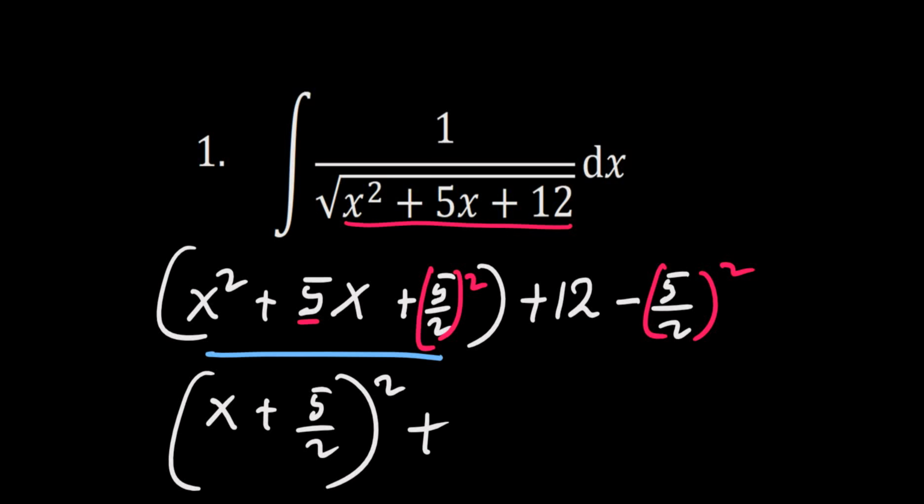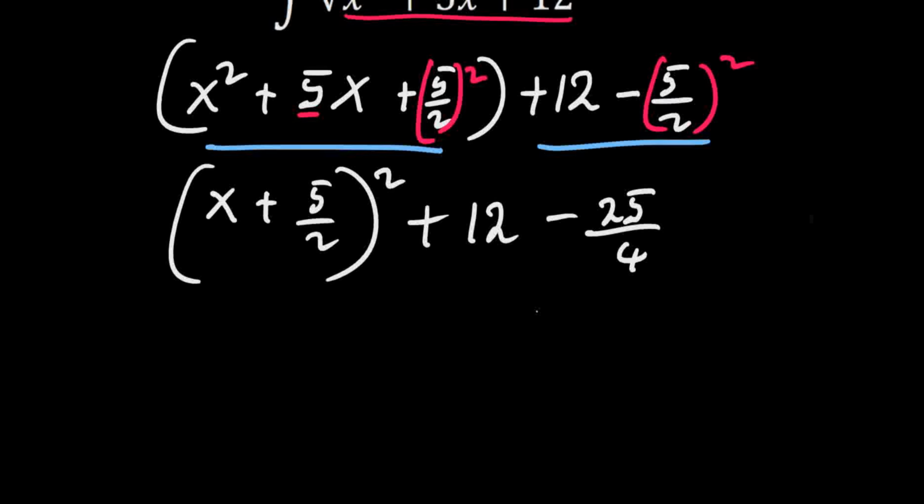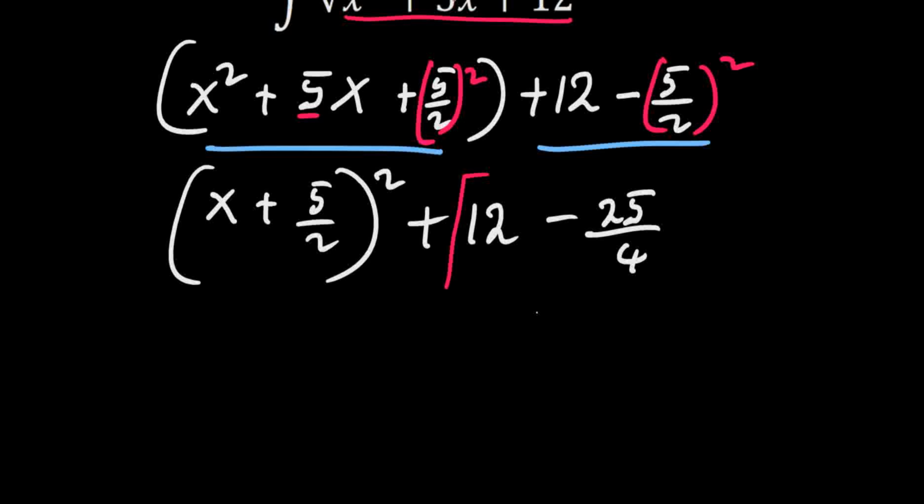now plus this other part, plus 12 minus 5 squared, which is 25, and 2 squared is 4, over 4. So now we can simplify this part of the question and just see this 12 as 12 over 1.